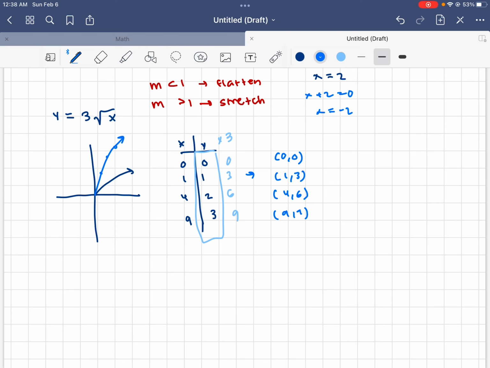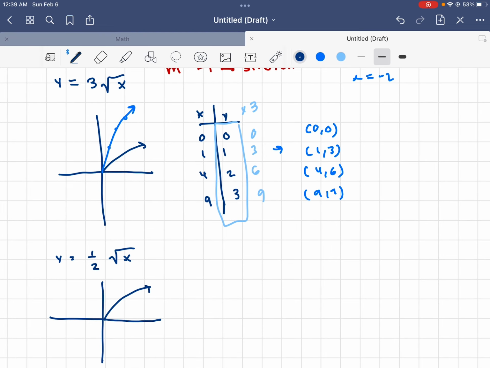Okay, and let's do one where our graph flattens. So let's do y equals half the square root of x. So we have our parent function that I just draw as a visual. I like to draw the same points.